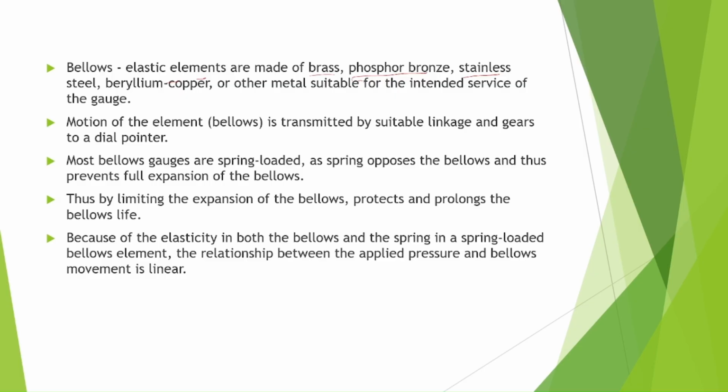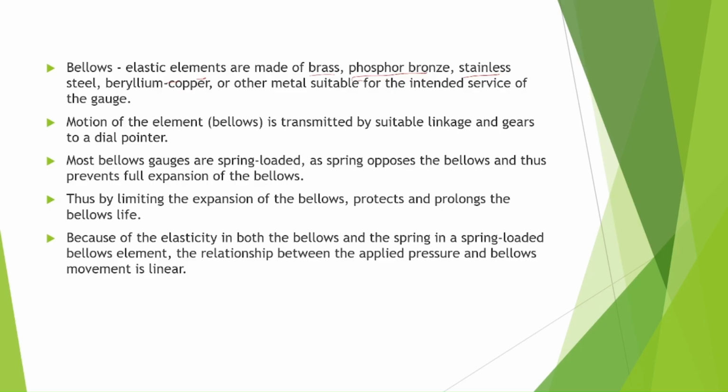The motion of the element, that is the bellows, is transmitted by suitable linkages and gears to the dial pointer. Most bellows gauges are spring loaded. A spring opposes the bellows and thus prevents full expansion of the bellows. Thus, limiting the expansion of the bellows protects and prolongs the bellows life.